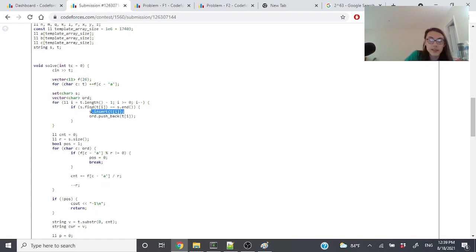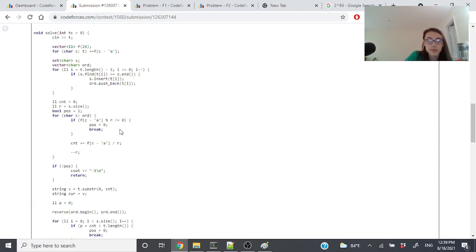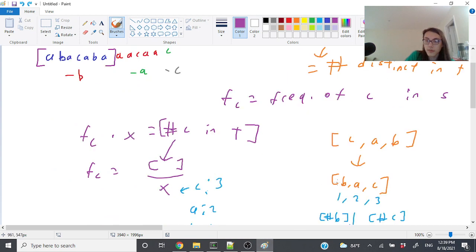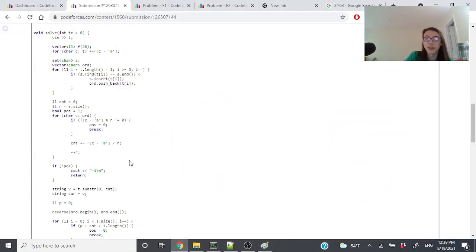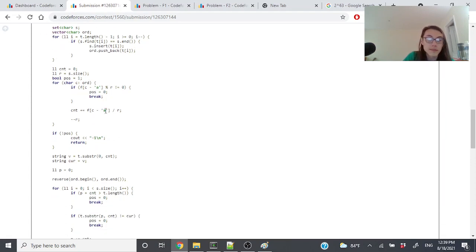Then I'm using these formulas to find the frequencies of the characters in S. This count is just the length of S. And if it's ever not divisible, we say it's not possible, so it prints -1.